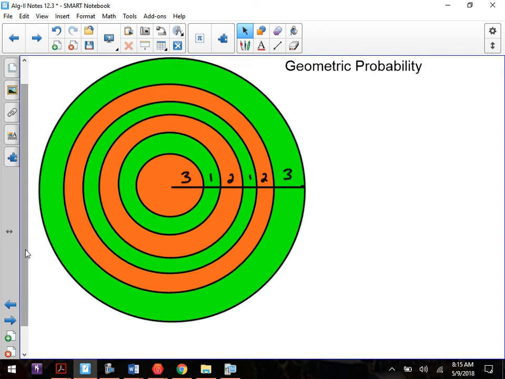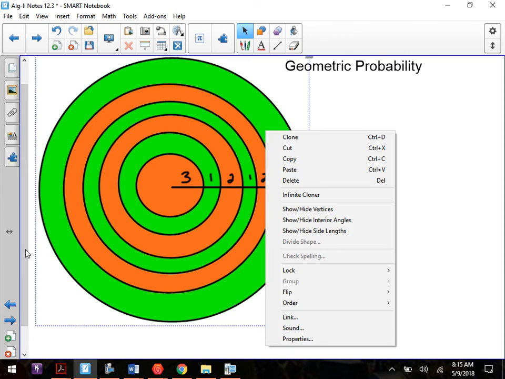Oh, in the orange? Which orange? There's two. Not the middle one. It doesn't make a noise as much as I want it.